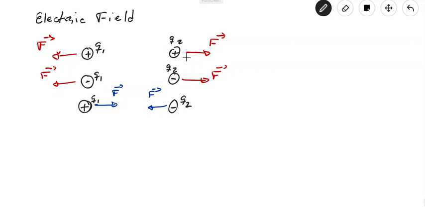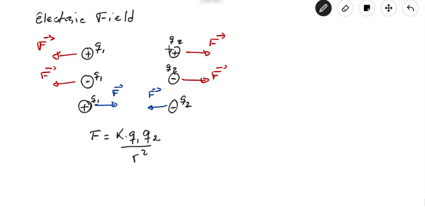So no matter what the sign of the charge is, we can find the electric force, or the Coulomb force, equal to K times Q1 times Q2 over R squared, where Q1 and Q2 are the magnitudes of the charges and R is the distance between the charges.